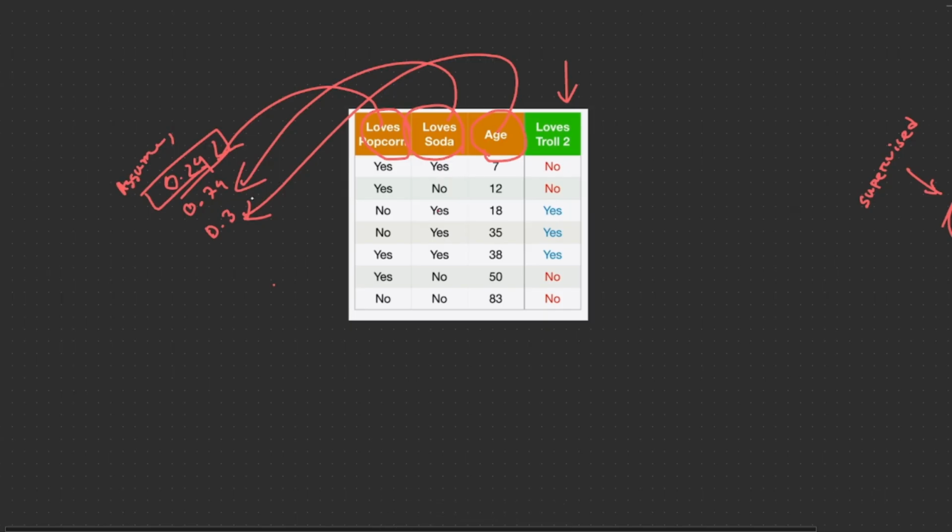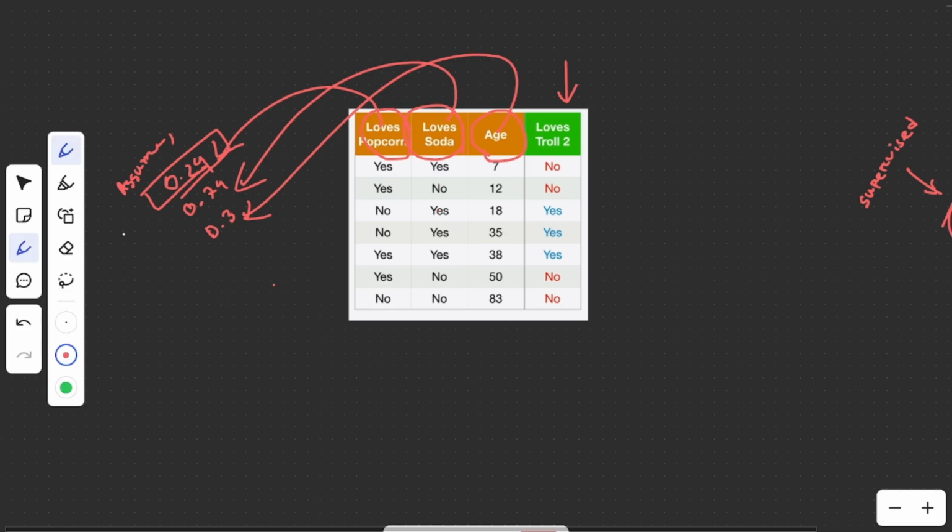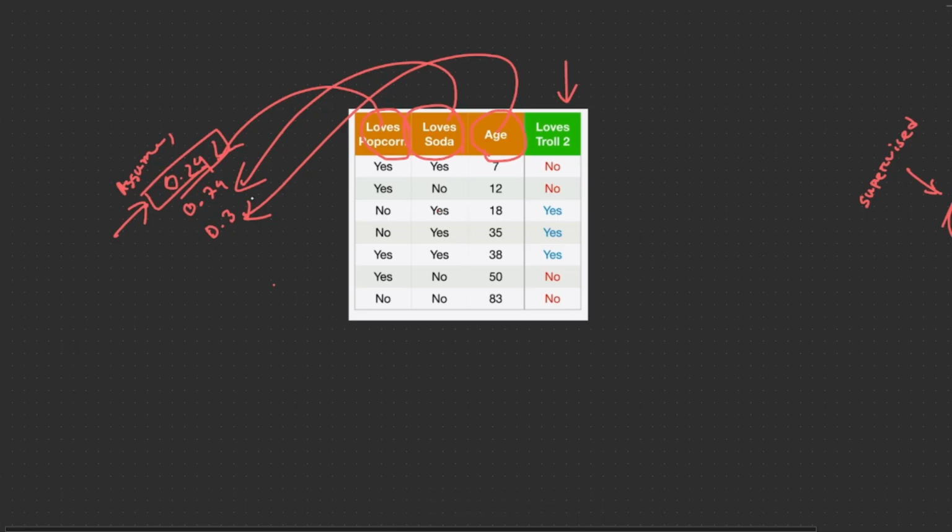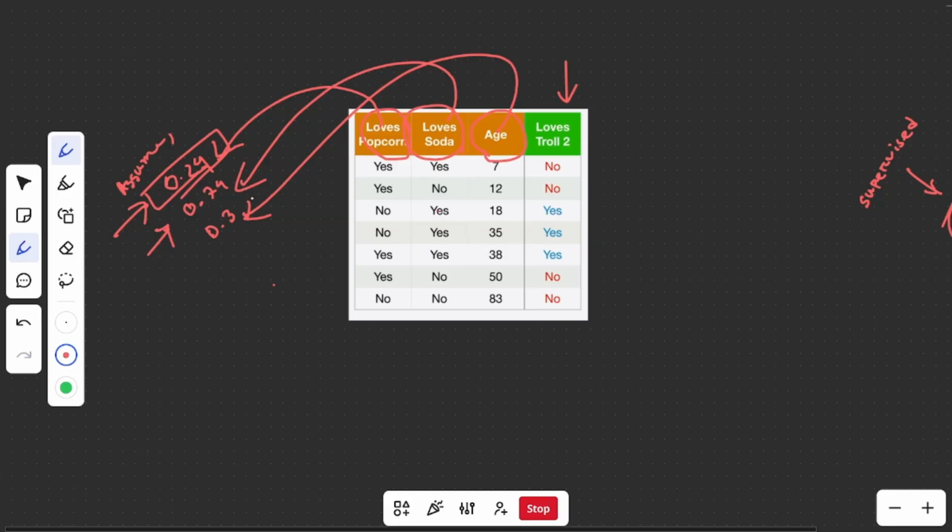Okay, so Gini impurity means how much the data is polluted or not. That means it's only 0.24% polluted or mixed, or this is 0.74% mixed.